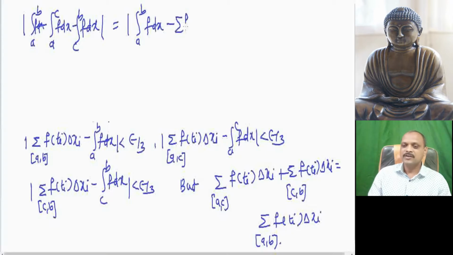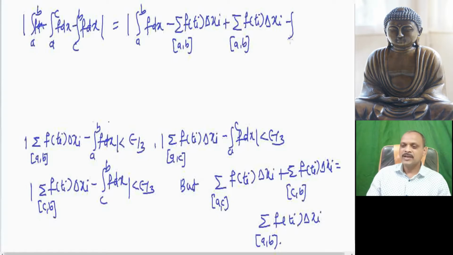minus we take f of ti into delta xi over the interval a to b. Addition and subtraction of this term f of ti into delta xi, integration a to b minus a to c f dx minus integration c to b f dx. This is very mechanical, we have added and subtracted.